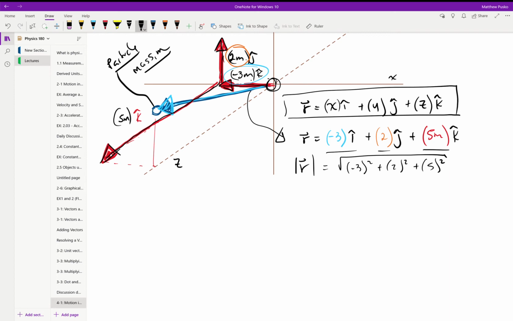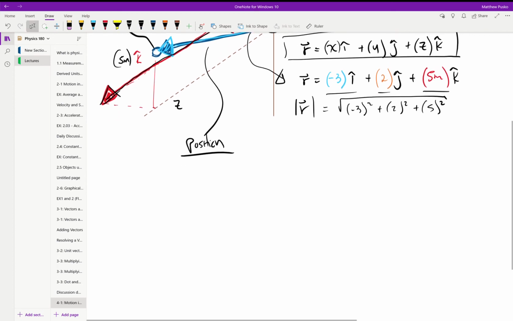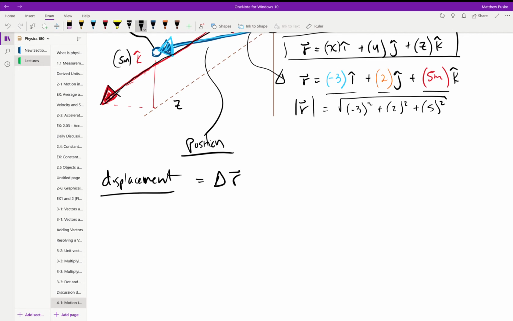After we originally learned about position, so if this is a position vector, what was the next thing? Well, the next thing we learned about in 1 dimension was displacement. If you remember what displacement is, it's equal to our, in this case, it's going to be delta r. It's change in position, right?